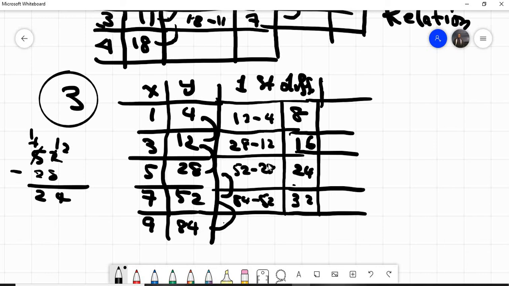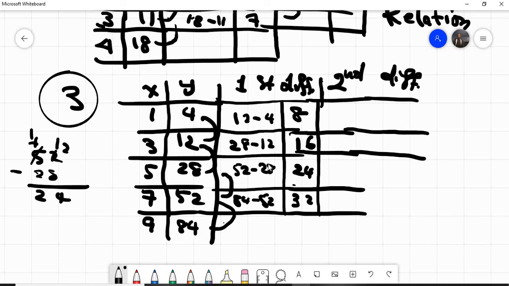For the second difference, 16 minus 8 is 8.